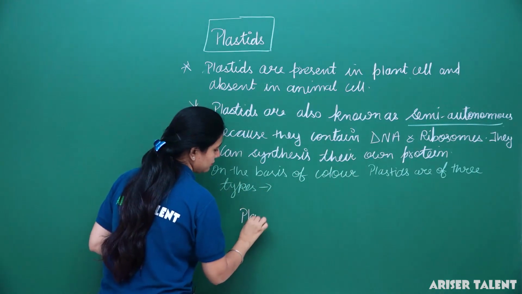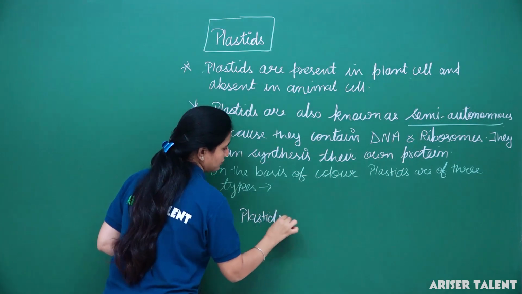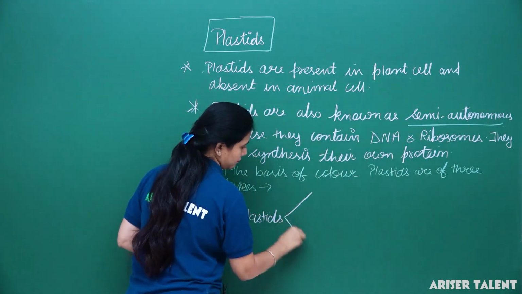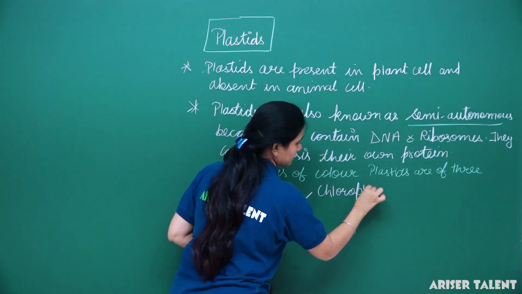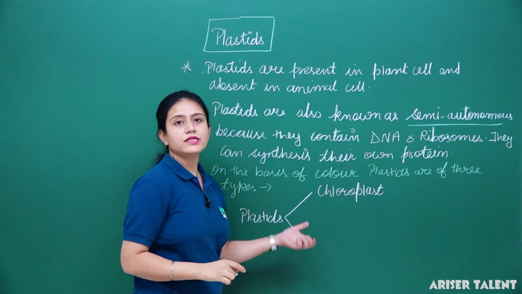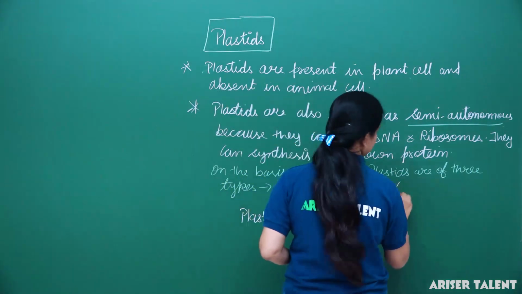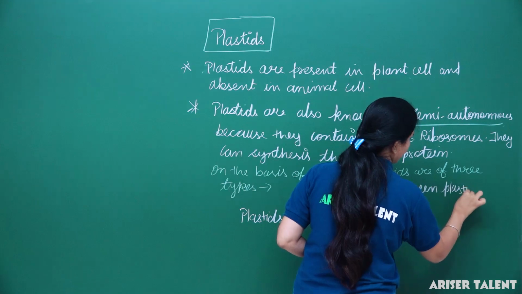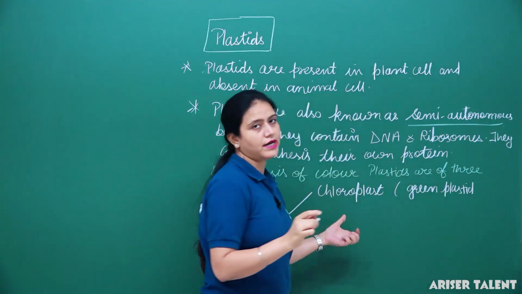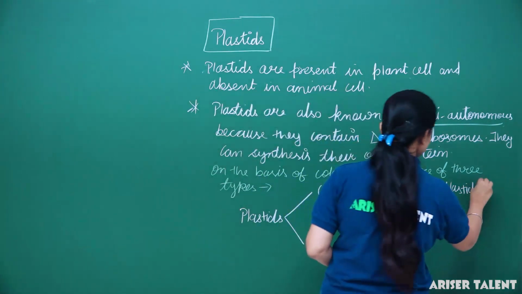Chloroplast is also known as green plastid, and it is photosynthetically active.